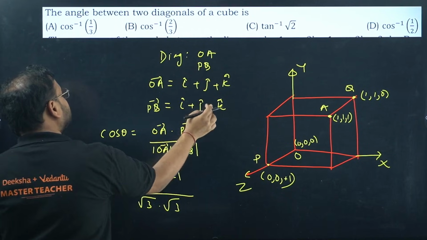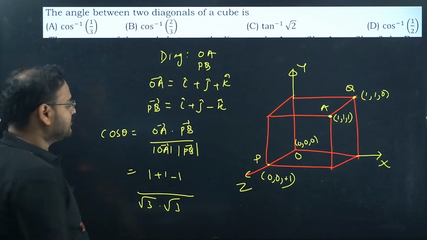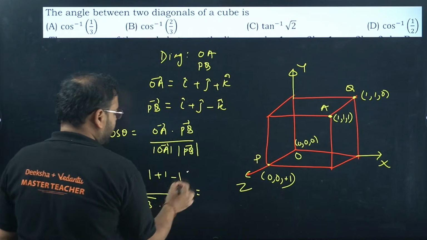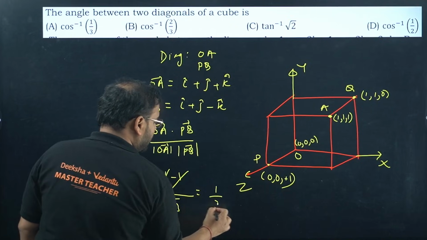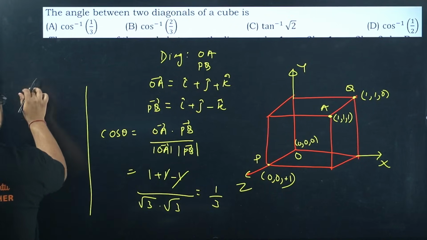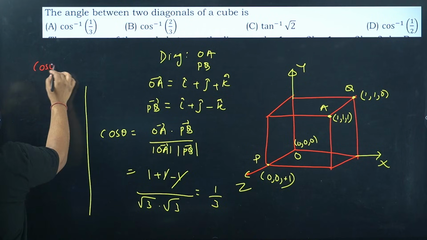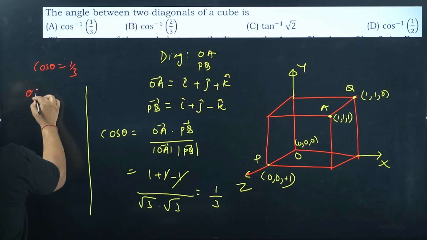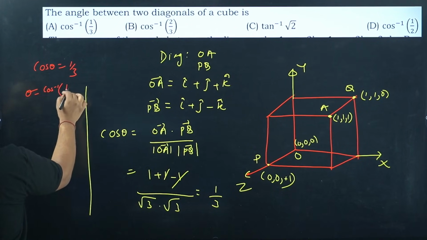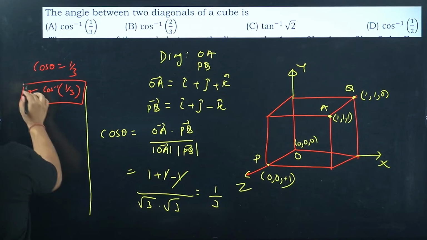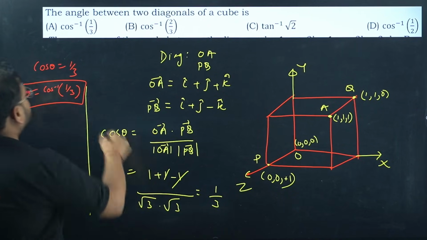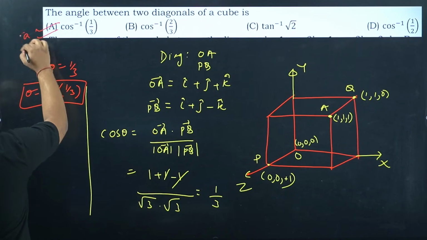So we get 1 upon 3. Your cos theta is 1 by 3, so theta is cos inverse of 1 by 3. Since there are no special angles for this, your answer will be this directly, option A.